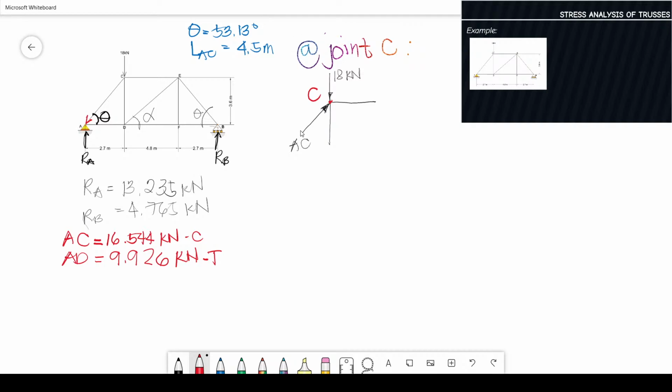So we have AC, and we have the force subjected to the truss at joint C. Next, we need to assume the direction of our members CD and CE.